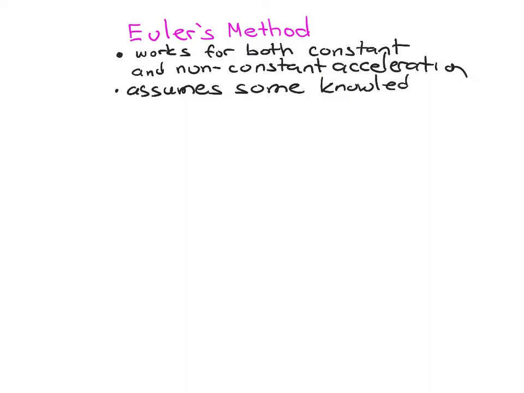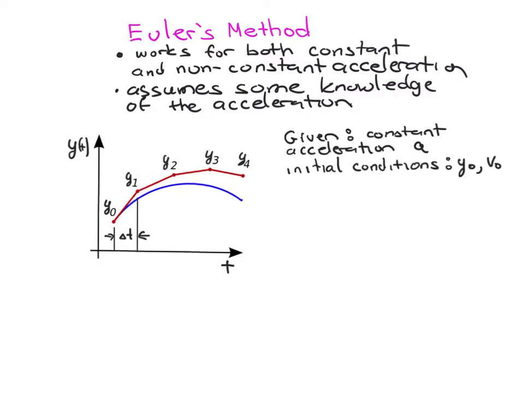So we'll start off with the case of constant acceleration. We'll explain how Euler's method works in the case of constant acceleration, a case where you know what the acceleration is, and let's see how that works.